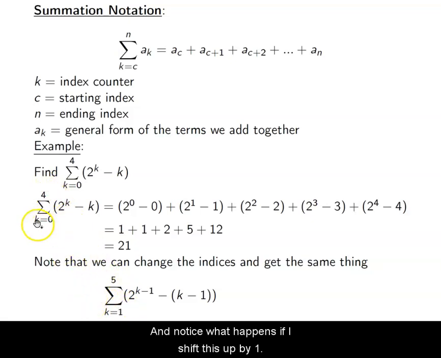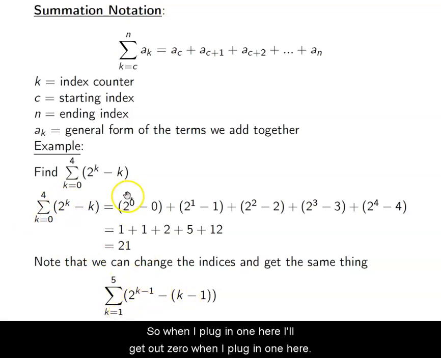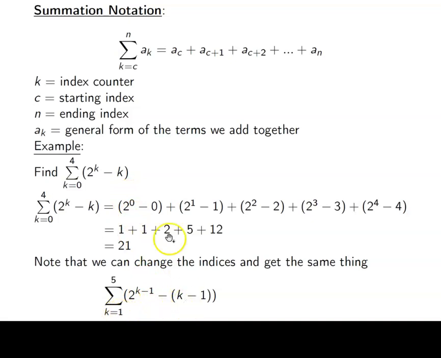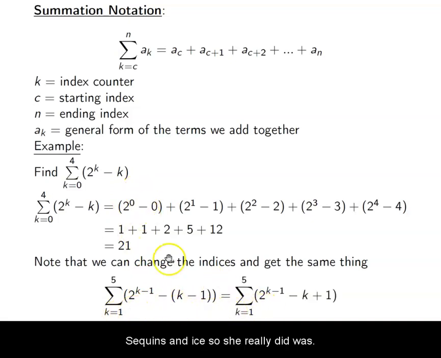And notice what happens. If I shift this up by 1, I'm going to shift k by 1 everywhere as well. So instead of k, I'm going to have k minus 1. I moved up by 1, so I'm going to start this one less. When I plug in 1 here, I'll get out 0. When I plug in 1 here, I'll get out 0. I'll have the exact same sequence of values.